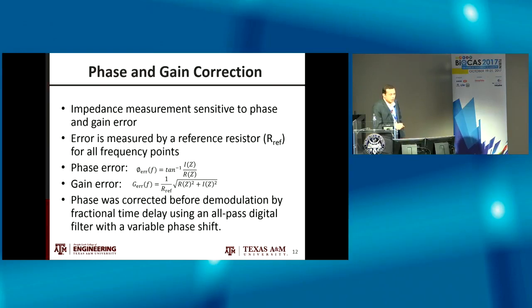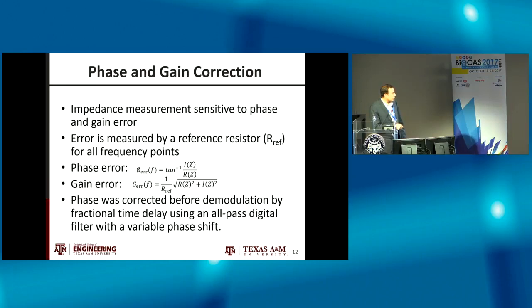The phase and gain correction is important because I need to get an absolute value for the impedance. Any phase error between the sensed signal and the carrier will cause error in the measured impedance. So we make a calibration step first, at the beginning, using a reference resistor with a known value. Any phase measured is an error that needs to be corrected, and it is measured by dividing the imaginary by the real part and taking the inverse tangent of this ratio.